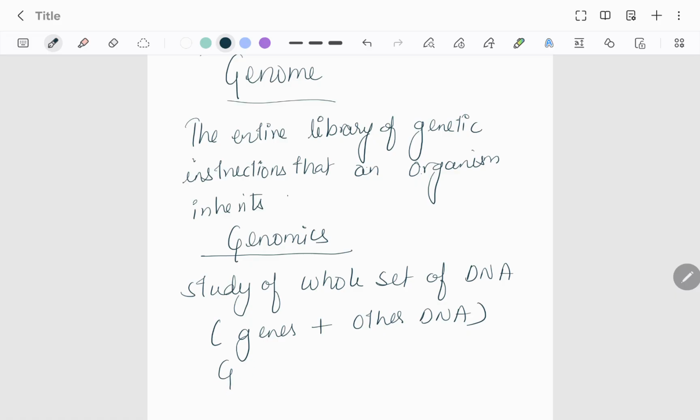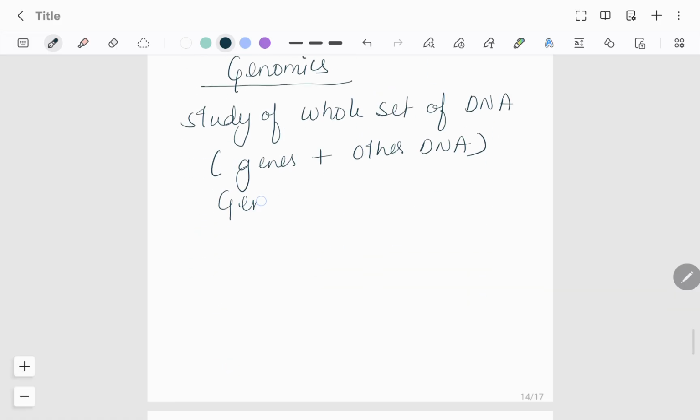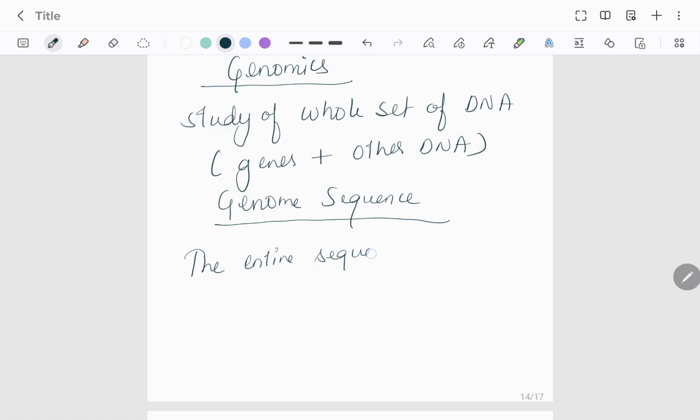Now the next thing is genome sequencing. See, you know your DNA is a sequence of nucleotides, and genome sequencing is studying the entire sequence of nucleotides for a representative member of a species, for example a particular human being.